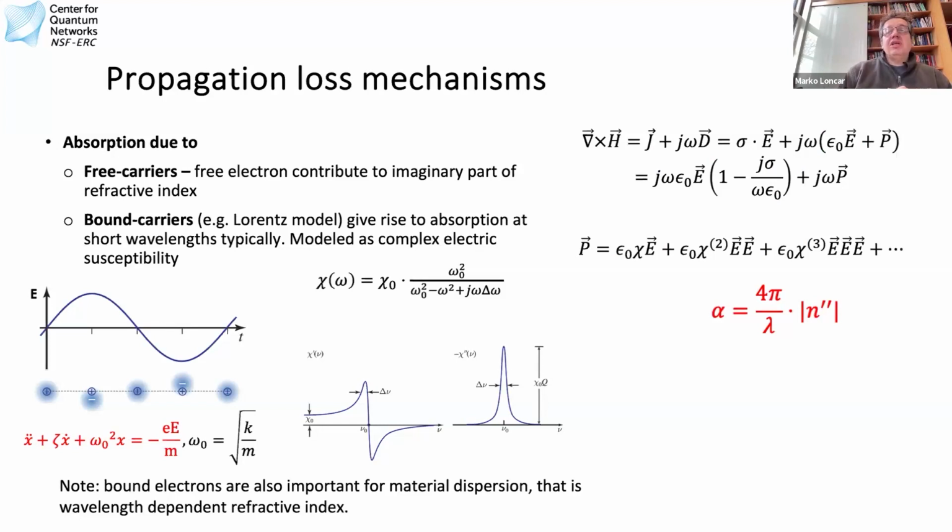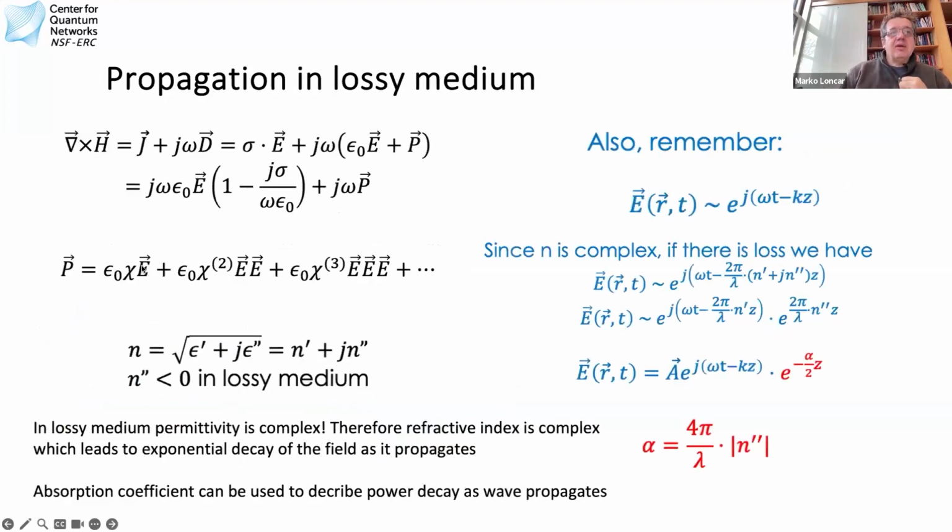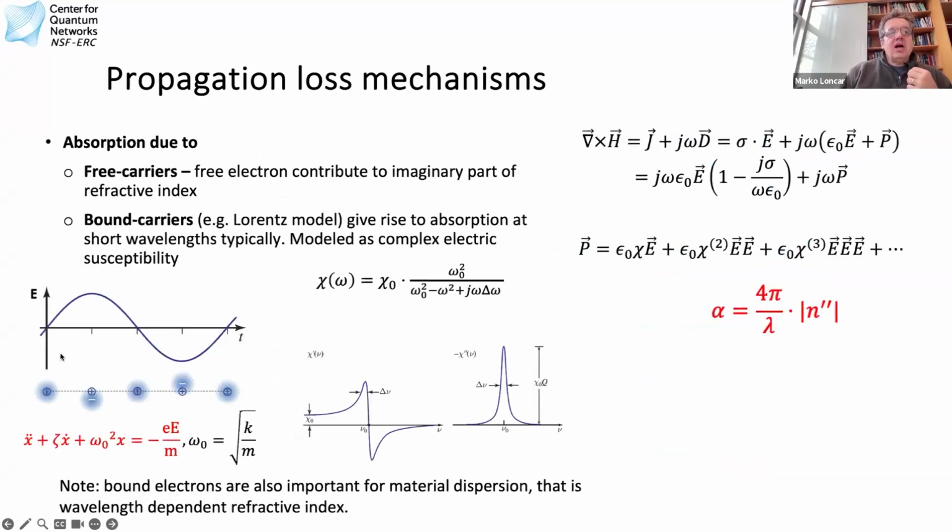In addition to these free carriers, absorption can come not only from sigma, but also from chi, because chi is not necessarily only a real number. What chi describes, as I mentioned, is how an atom, and here I'm showing a sequence of atoms in a crystal, how the electron cloud of an atom responds to the electric field due to the optical field.